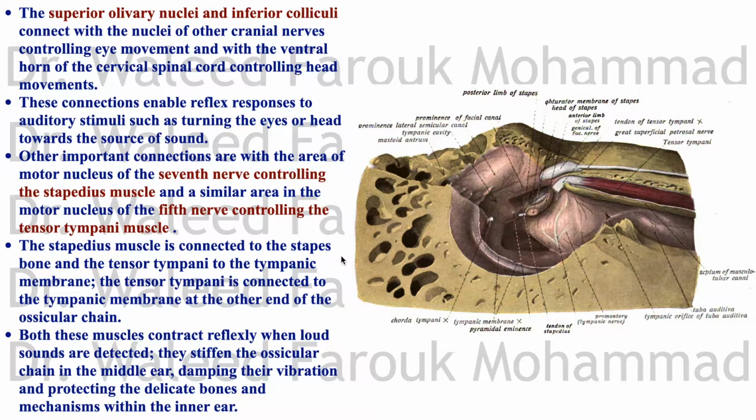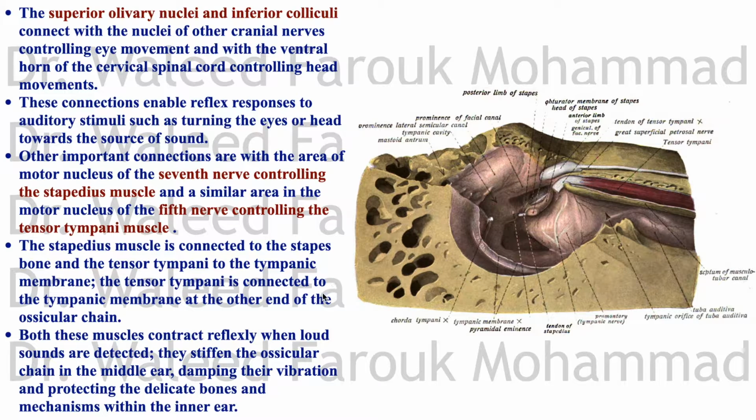The superior olivary nuclei and inferior colliculi connect with the nuclei of the other cranial nerves controlling eye movements, as mentioned before, and with the ventral horn of the cervical spinal cord controlling the head movements to move the head towards the direction of the sound.